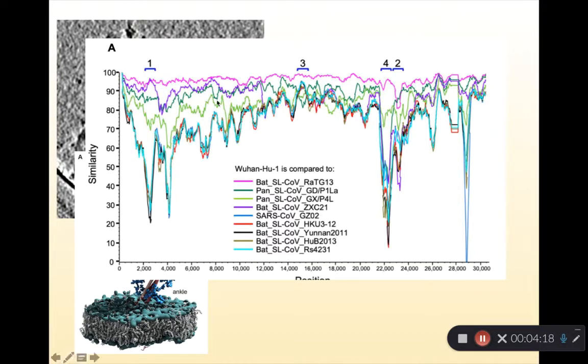What this graph is showing is the genetic similarity of the Wuhan Hu-1 virus compared to viruses in bats and pangolins. We can see that the current virus that was circulating in China is most related to this type of bat coronavirus, followed by similarities in pangolins.